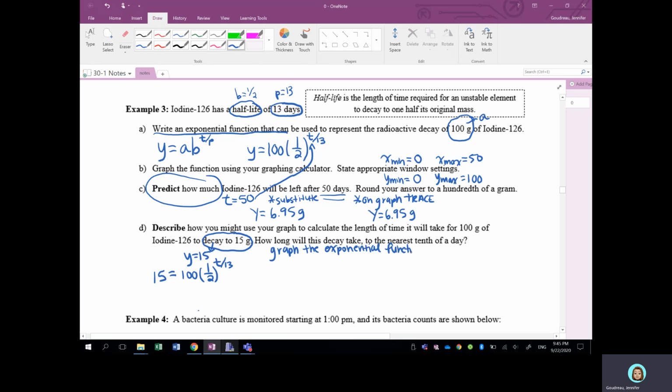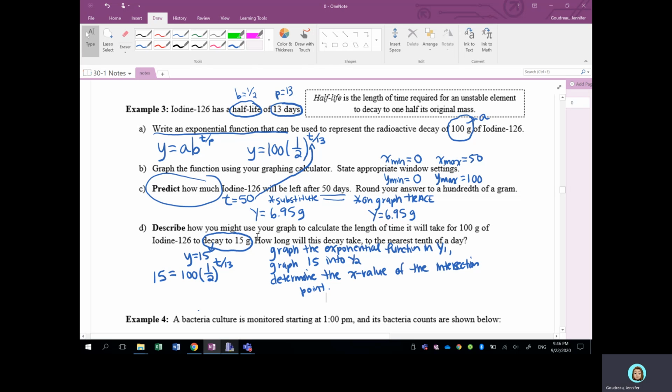We would graph 15 into y2, and then we would determine, we're going to be specific here, the x value of the intersection point. So we are simply solving by graphing.